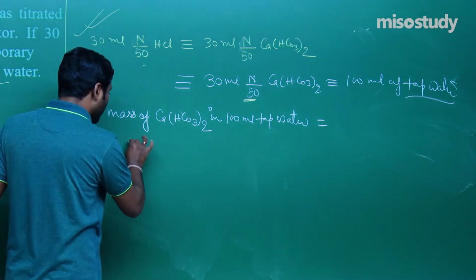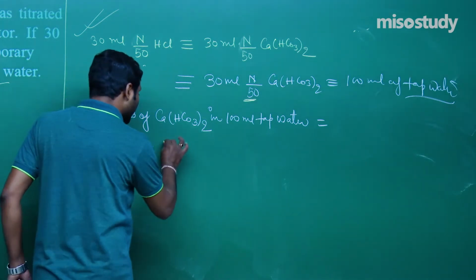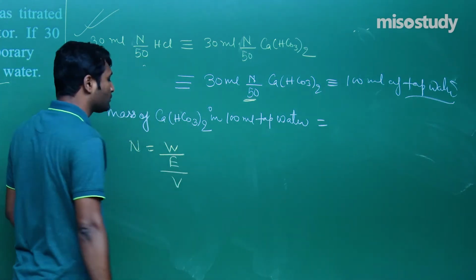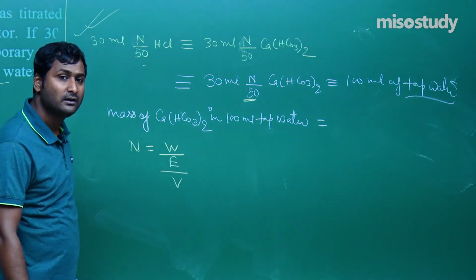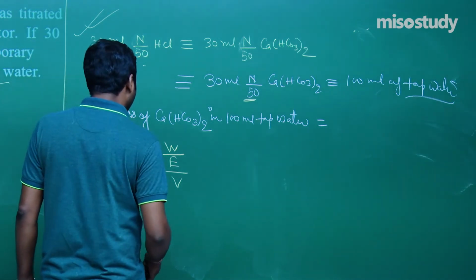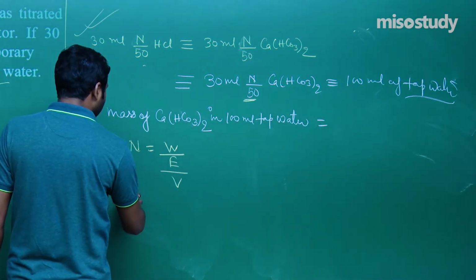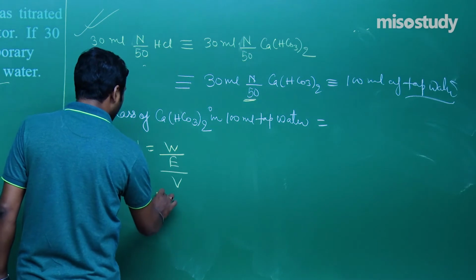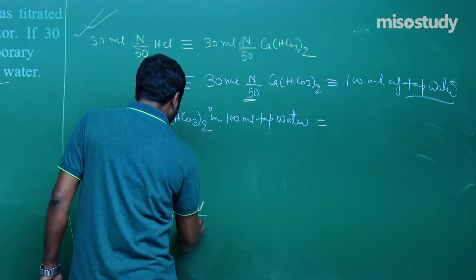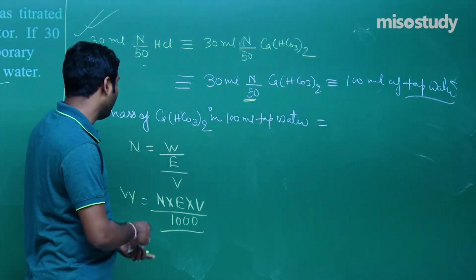We know normality is equal to number of gram equivalents, that is given mass upon equivalent mass, upon volume of the solution in liter. So you can put the value and you can easily get the answer. That is, we can write here W is equal to N into E into V divided by 1000. N into E into V divided by 1000.